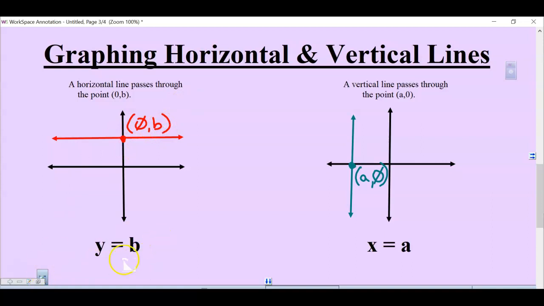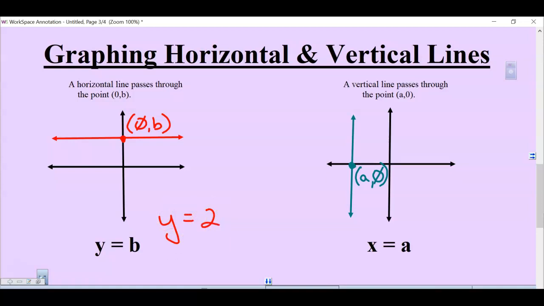So coincidentally, the equation is always going to look like y equals some number. If you have y equals 2, for example, that means that we are looking at a horizontal line.